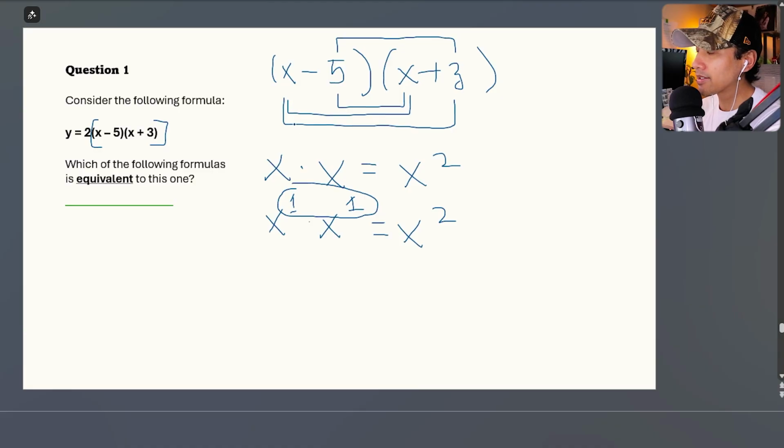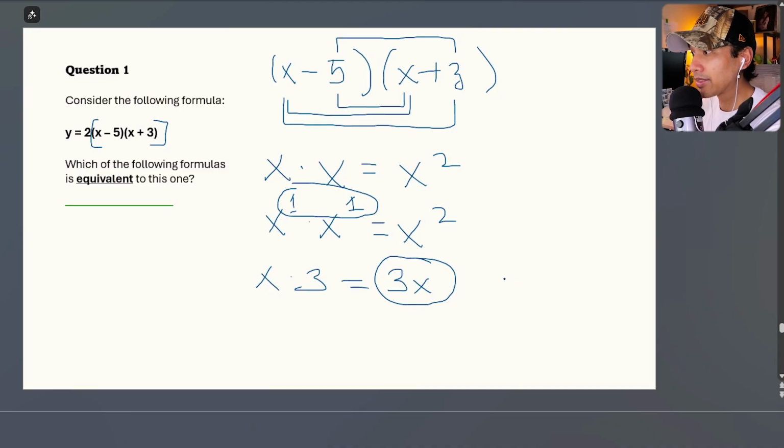So what is x times positive 3? X times positive 3 just equals 3x. We write it like this, the number and then the variable. They might throw you off on the test and write it differently, but most likely not.